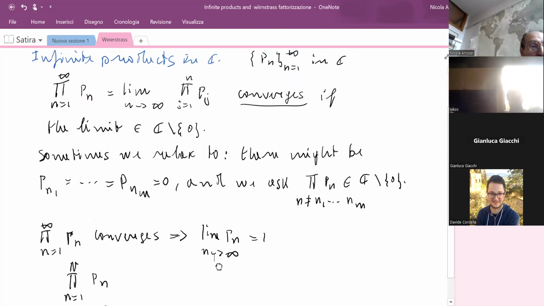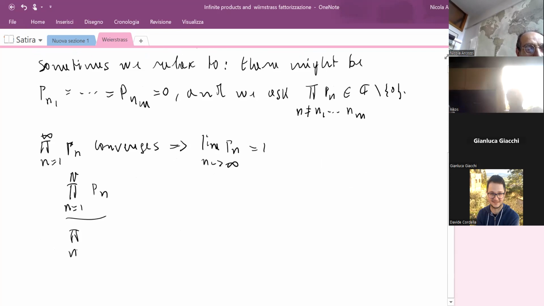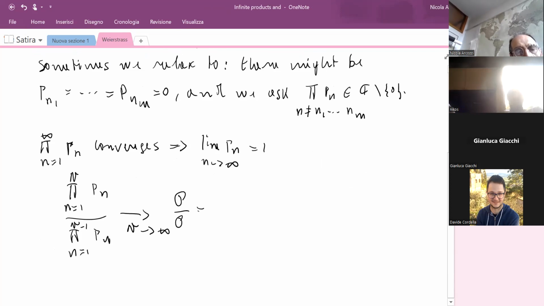Let's call P the product of everything from 1 to n of p_n as n goes to infinity. If the product converges, that goes to P over P, which is 1. Okay. As an exercise, find the vice versa case.